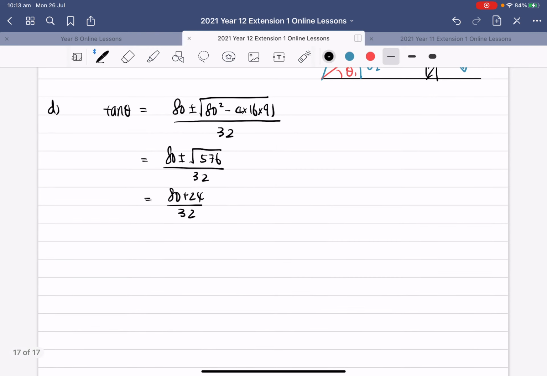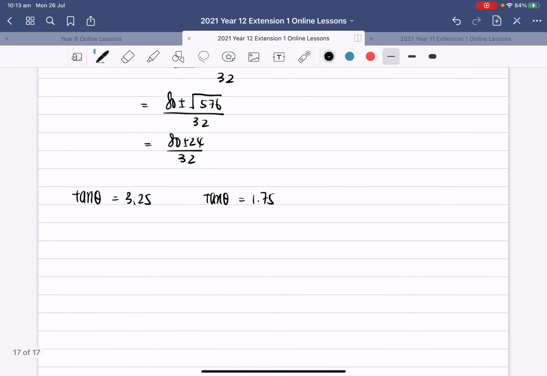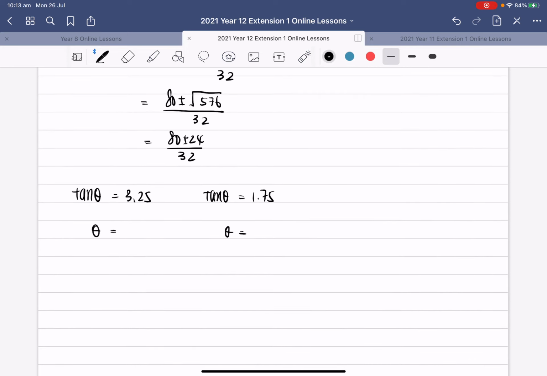All right, so we've got tangent theta equals 80 plus 24 over 32. That's 3.25 for the first one. And the second one is when we have a minus, and that becomes 1.75. So we should be able to find out what the angle is based on this.